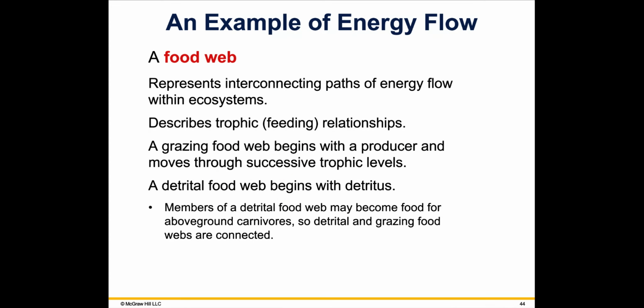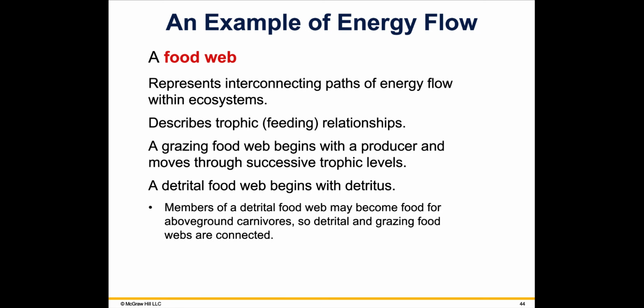One way that we can model that energy flow is through a food web. Food webs are these interconnecting pathways, or webs as they're called, that show basically who is eating who. We call it a trophic level relationship.